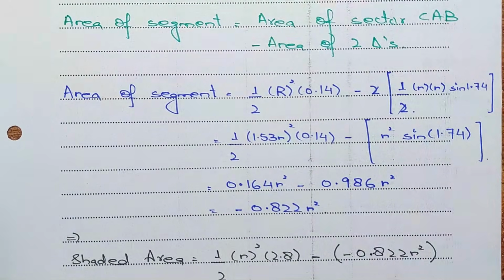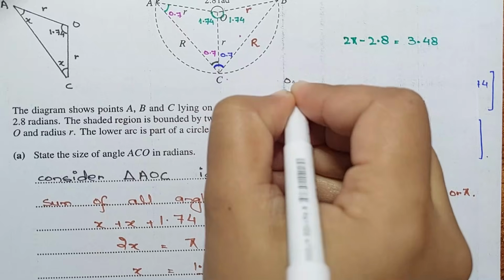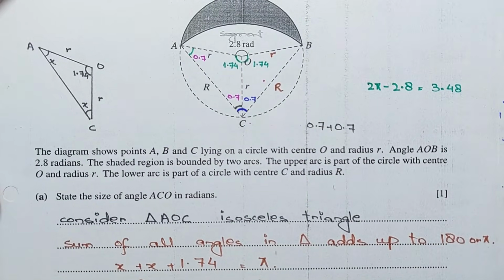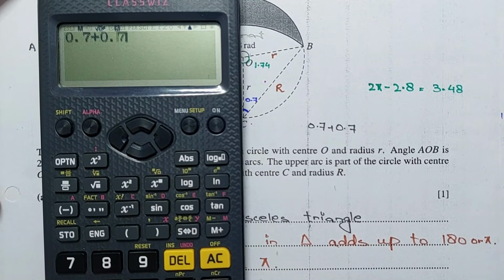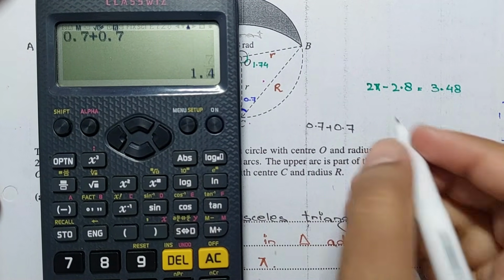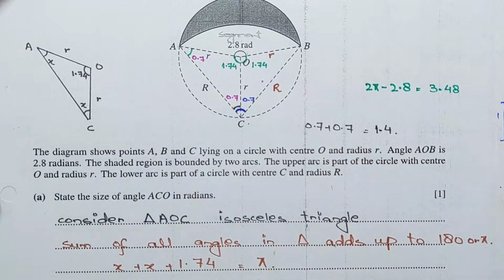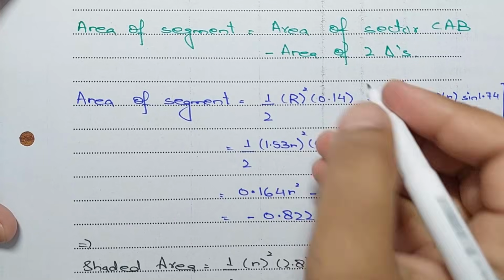This angle mistake, sorry. This angle is a sum of 0.7 and 0.7, right? So the sum of 0.7 and 0.7 is 1.4, not 0.14. That was the mistake, right? So this is 1.4.